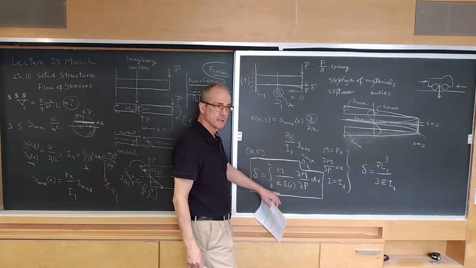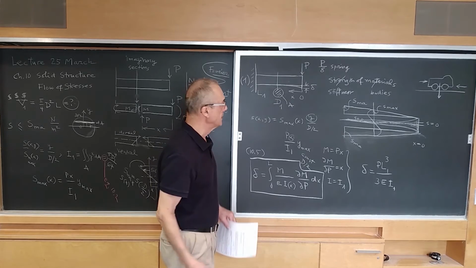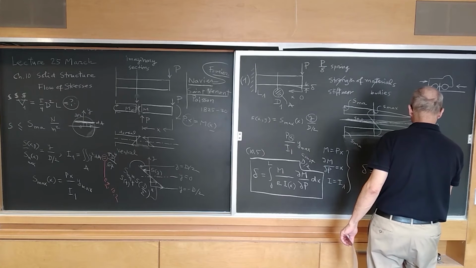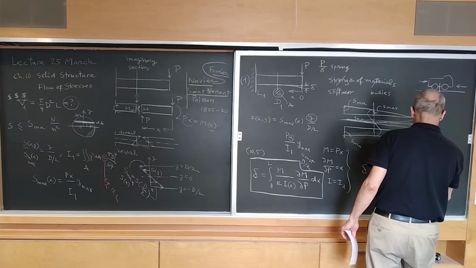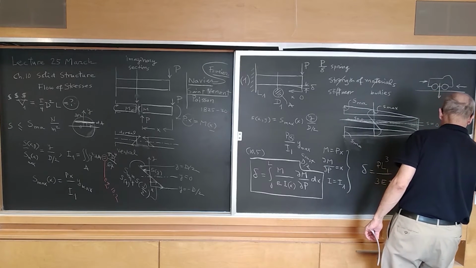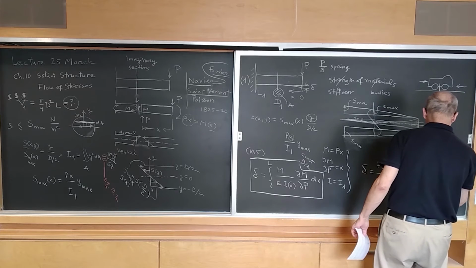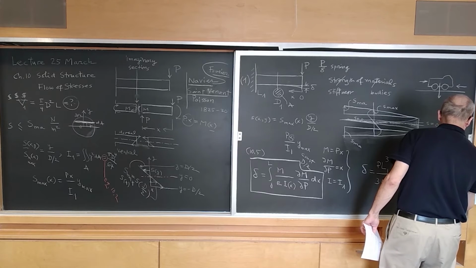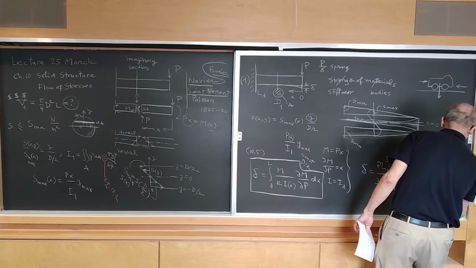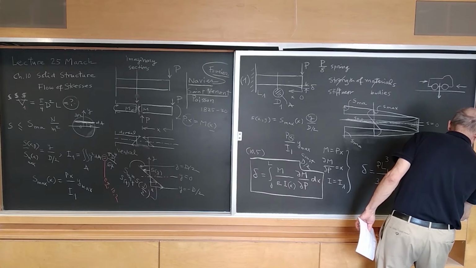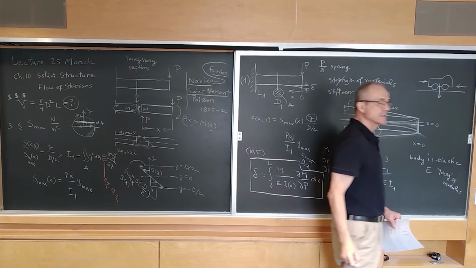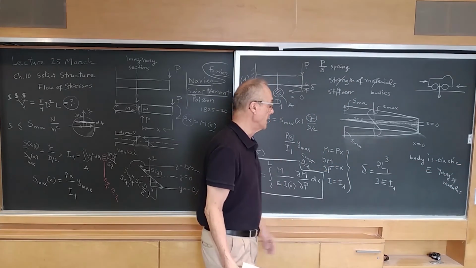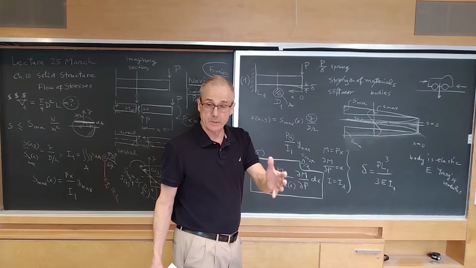E is a property of the material, which is elastic. So the body is elastic. E is the Young's modulus, the modulus of elasticity, you know, the proportionality constant in Hooke's law. Who was Young? Young was Thomas Young.